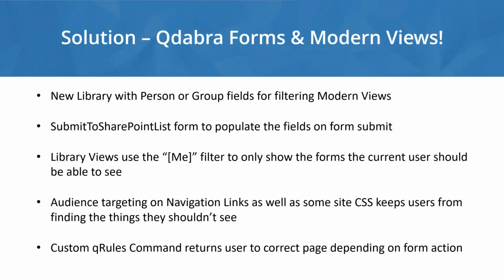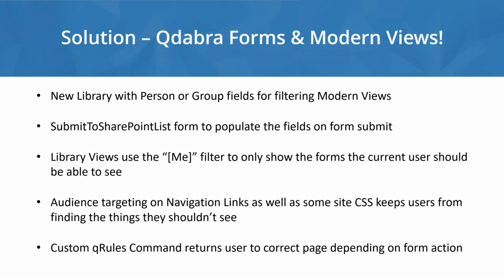So we're using this command to talk with them, and then we can create our views based on the Me filter, and filter off of those person columns to get the different views like My Documents, or if there are forms that need approval, the Pending My Approval view.